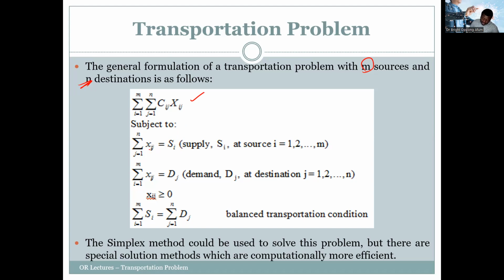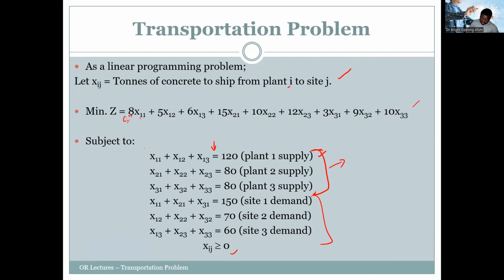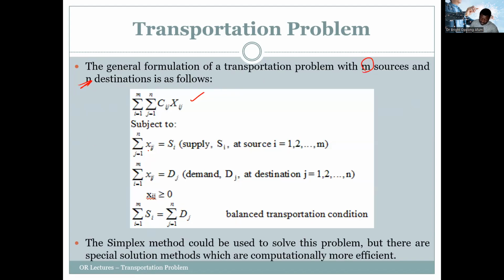The summation of the Xij's for the supplies, from j equals 1 to the total number N, will be equal to supply i, and i is 1 to M. That's M supplies, and the demands will also be the decision variables that must be sent to the various destinations, which are the demands Dj, and j is from 1 to N. So you see that we have M sources and N destinations.